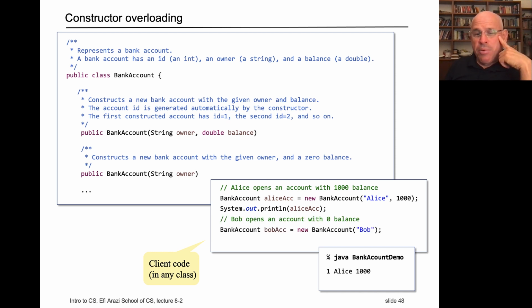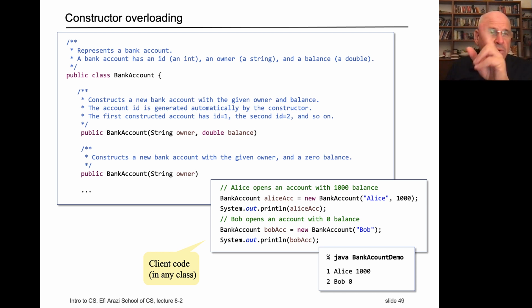And then Bob opens the bank account. Unlike Alice, Bob doesn't specify an amount. We just say bank account Bob, and we print it, and we see that Bob deposited a 0 when he opened his bank account. So you see how useful it is to be able to have constructor overloading, because you allow your clients to create new objects in many different ways.